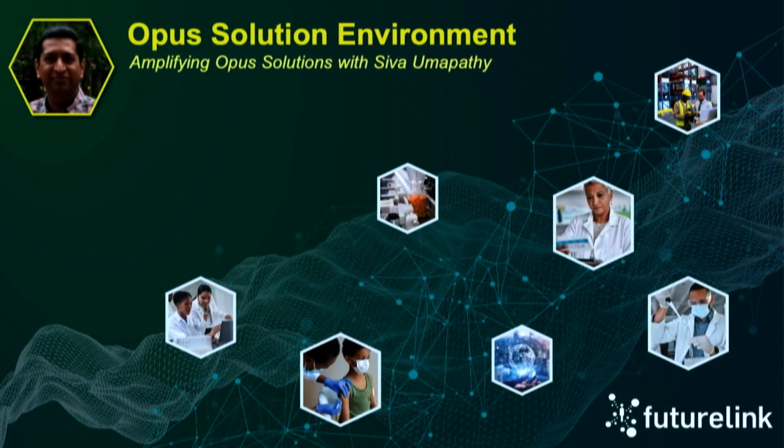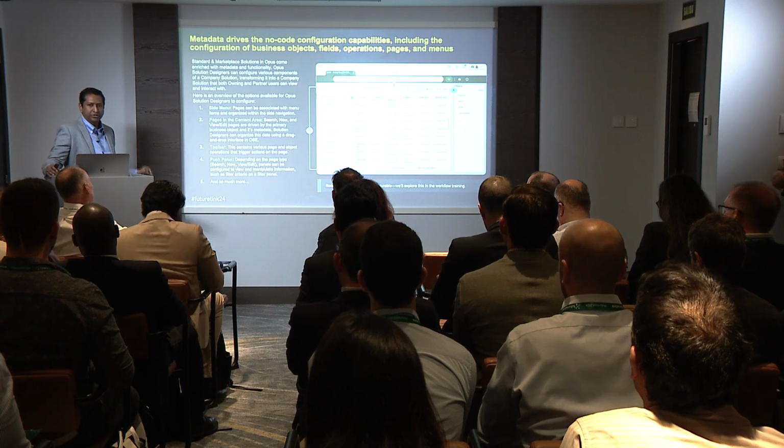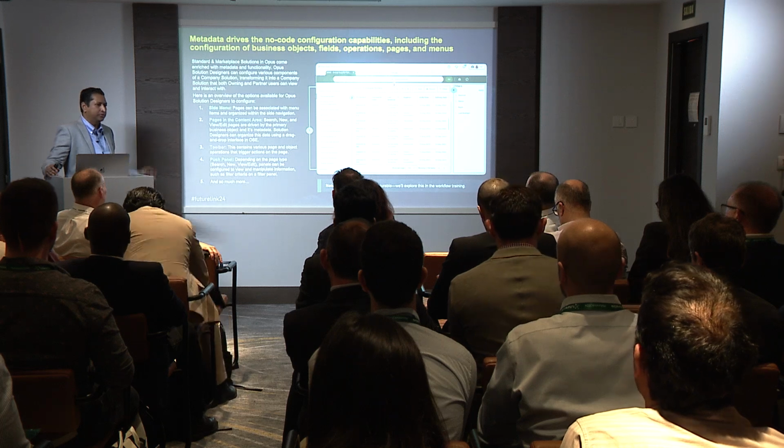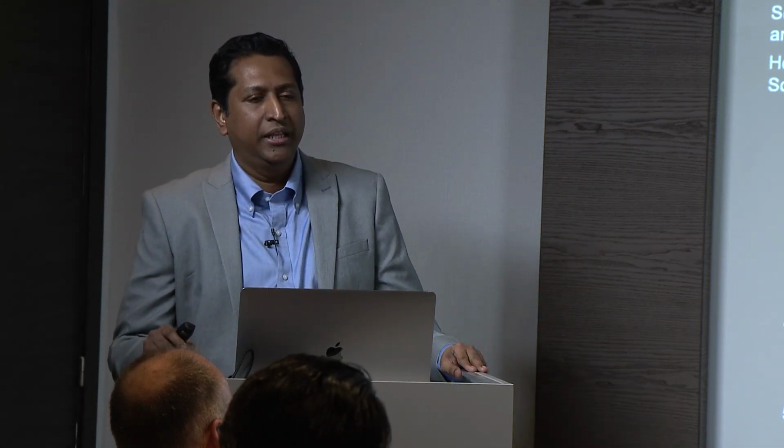So Jerry explained a lot about business objects, fields, workflows, pages, menus. These are all the backbone, right? Now, there's a lot of technological innovation in an iPhone. There's a lot of technological innovation in a Ferrari, or any of the European cars.